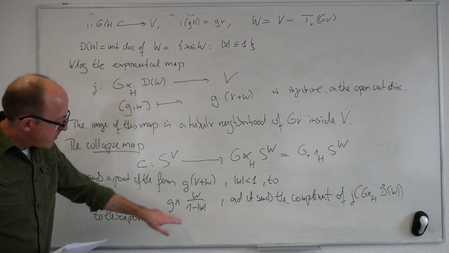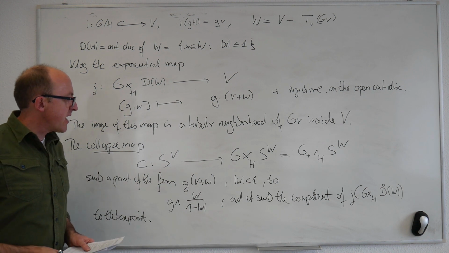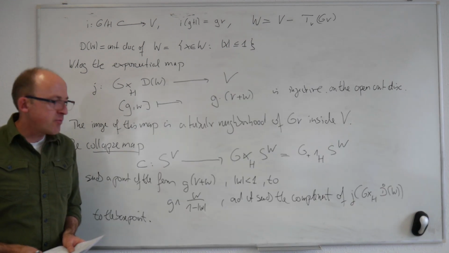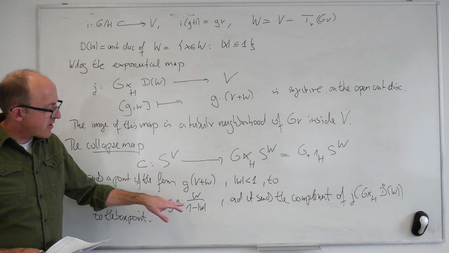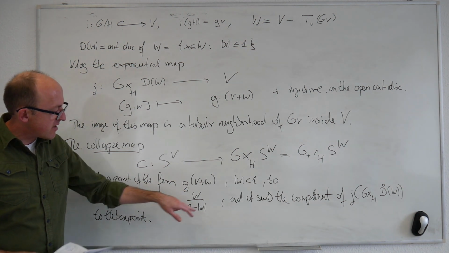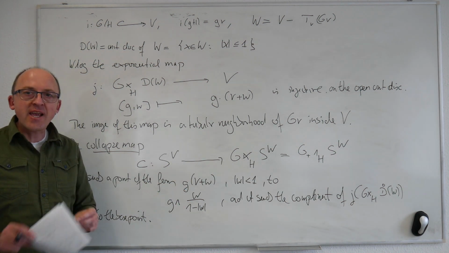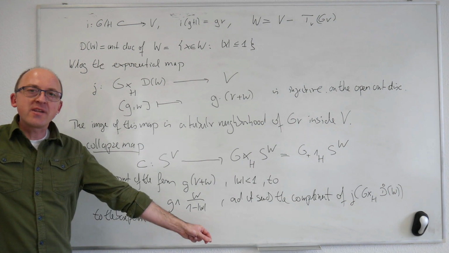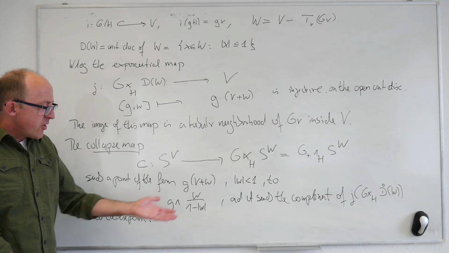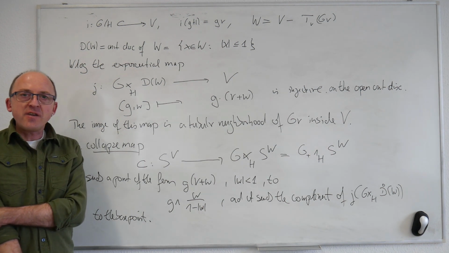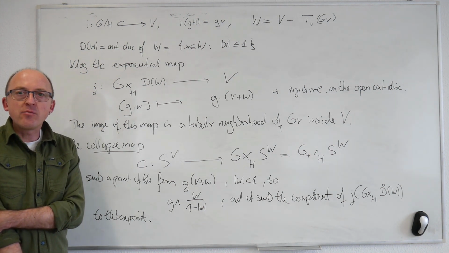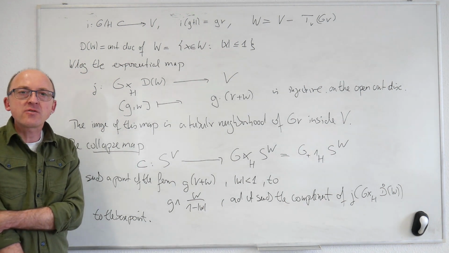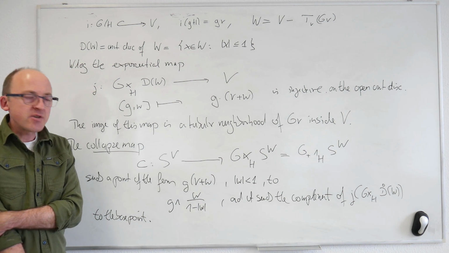The particular function that I use here for scaling is not so important. What is important is that this function, dividing a vector by 1 minus its length, scales the unit disk all the way out to minus infinity, plus infinity. You could basically use any other function that serves the same purpose, some diffeomorphism from the open interval minus 1, 1 to the real numbers.